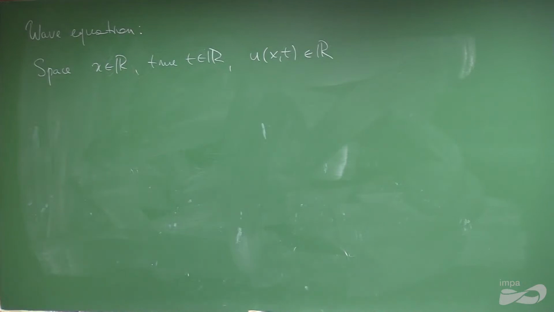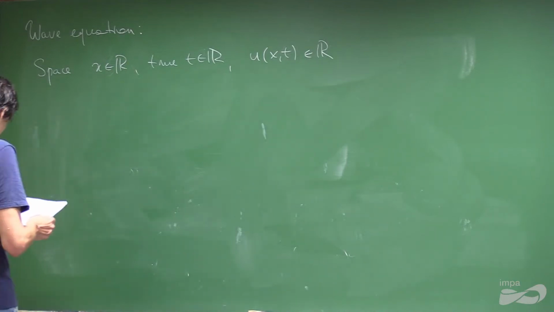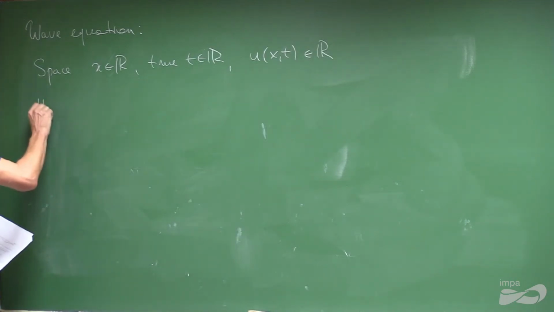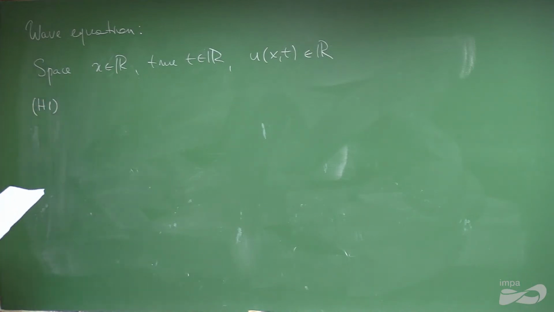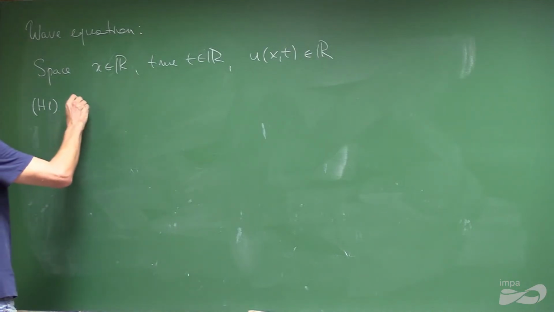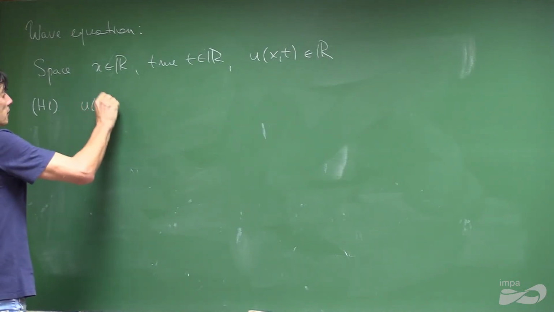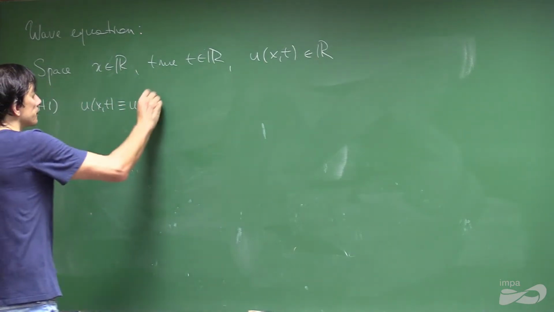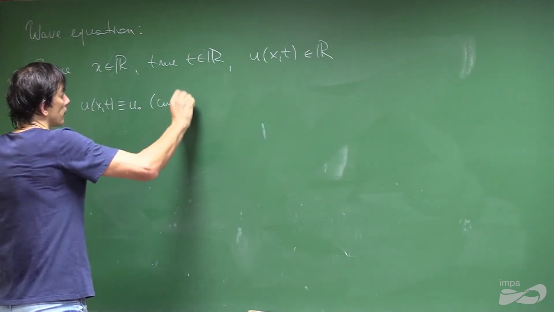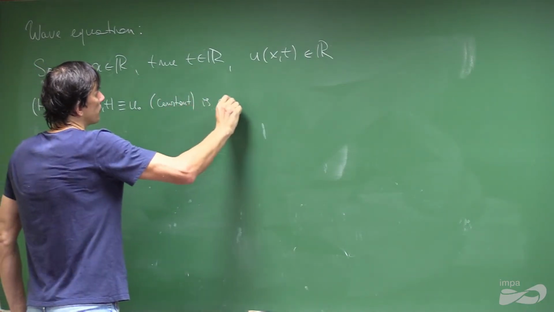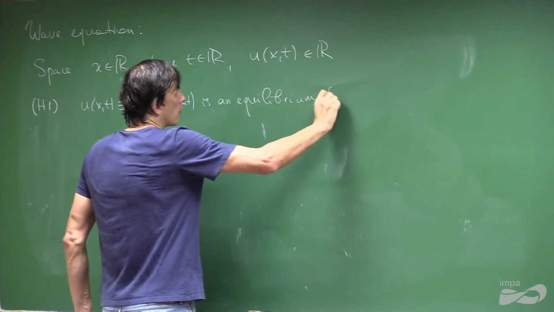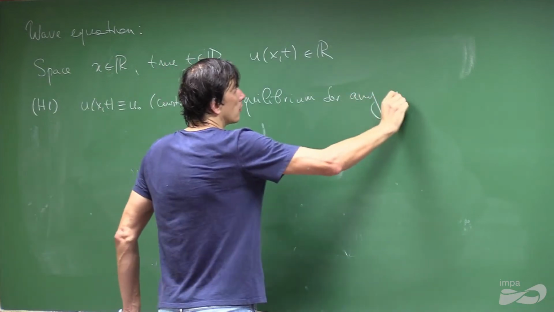So we have this system. What will we assume? Actually, I made it with 6 hypotheses. The first hypothesis is that if u(x,t) is constant, u equals u0, it is an equilibrium for any u0.